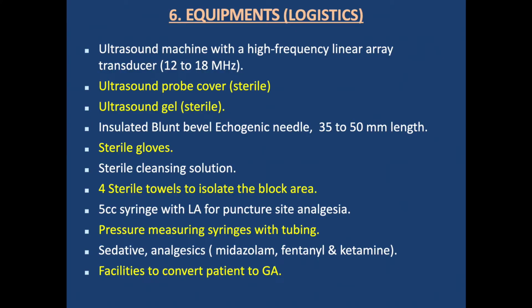We need sterile gloves, sterile cleaning solution, 4 sterile covers to isolate the block area. We need a 5 cc syringe with local anesthetic for puncture site analgesia. We need a pressure monitoring syringe with tubing. We need sedative analgesics: midazolam, fentanyl, and ketamine. And this area should have the facilities of general anesthesia in case we fail.